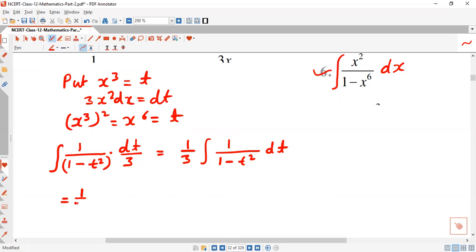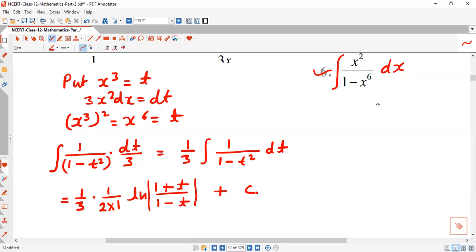1 upon 3 constant, then 1 upon 2a, where a is 1, log of a plus t upon a minus t, that is 1 plus t upon 1 minus t, mod, plus some constant c.